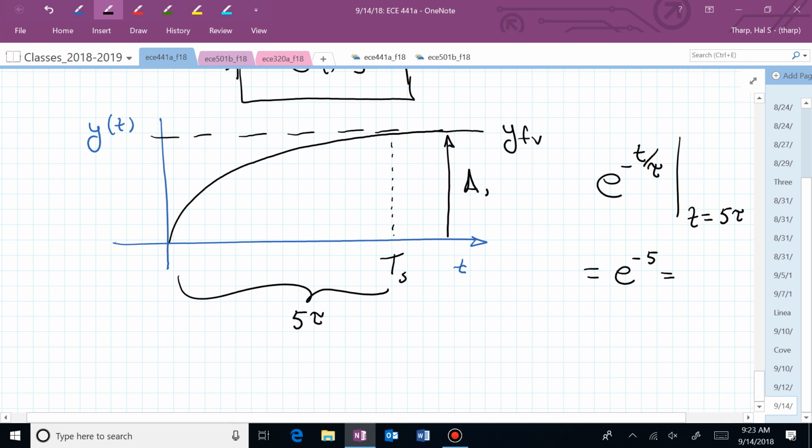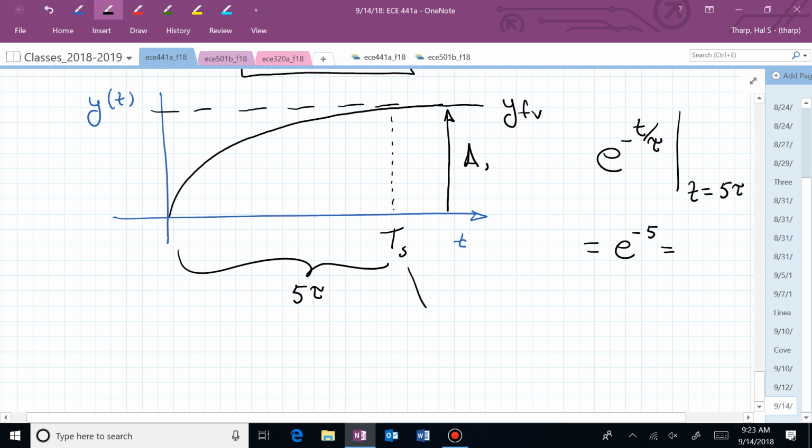And I'm sure you all have that memorized. But if this T sub s is a 1% settling time, then you would expect e to the minus 5 to be close to 0.01. It's actually a little less than that. That's why it's approximately 5 tau. But this is 0.006, what is it, 7, let's say.